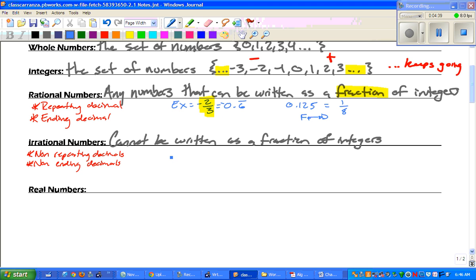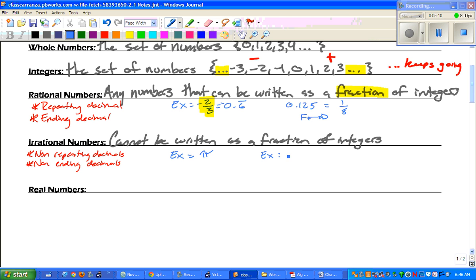So a non-repeating decimal, when I think of this number, it's got no pattern, and it goes on forever and ever. And when I think of this, I get really, really hungry, and that is pi, okay? You can go on Google and look up the digits of pi, and it goes on forever and ever and ever, and there's no pattern to it.